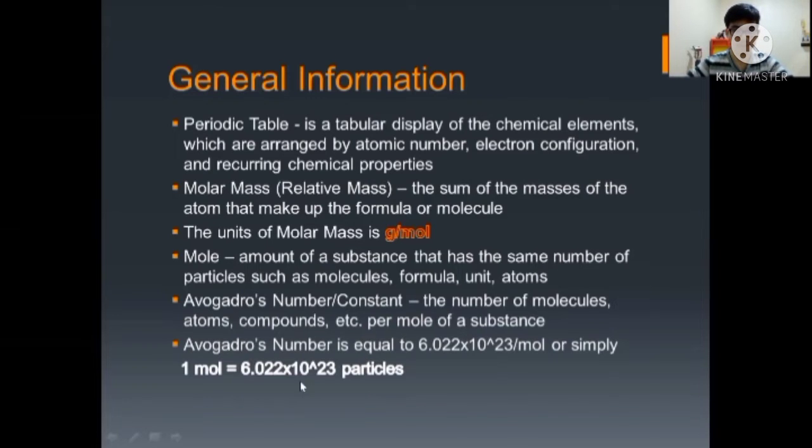So in this one, there are called particles. Avogadro's number or constant also has some units, so I'm going to explain this in the next slide.